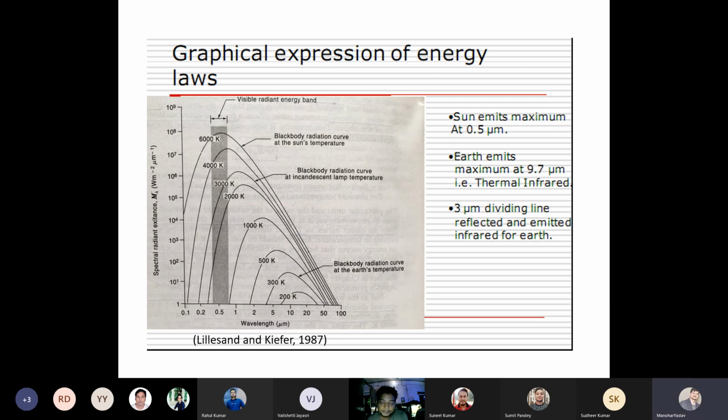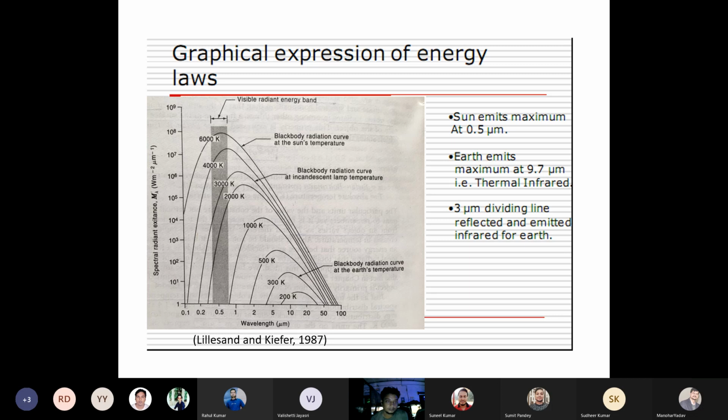Just see this vertical bar over here. It is called the visible radiant energy band, centered at 0.5 micrometer. I hope you can see this vertical bar in this diagram that is shaded with gray color.